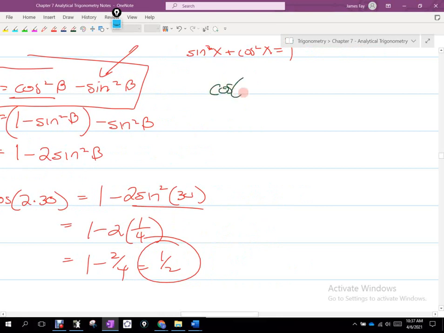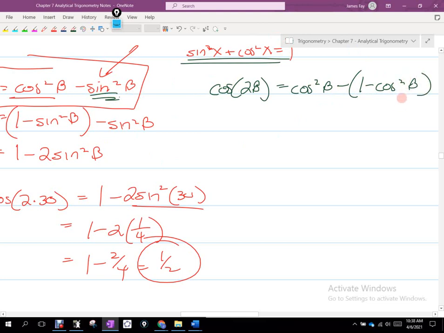If we go cosine of 2 beta is equal to cosine squared beta, but now minus sine squared. I'm going to rewrite sine squared using this thing. We'll say sine squared is 1 minus cosine squared. And it's a quantity, so I got to put in parentheses like that. And now I got cosine of 2 beta equals cosine squared beta minus 1 plus cosine squared beta.